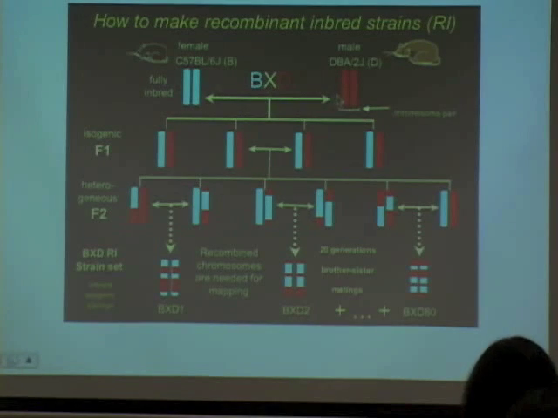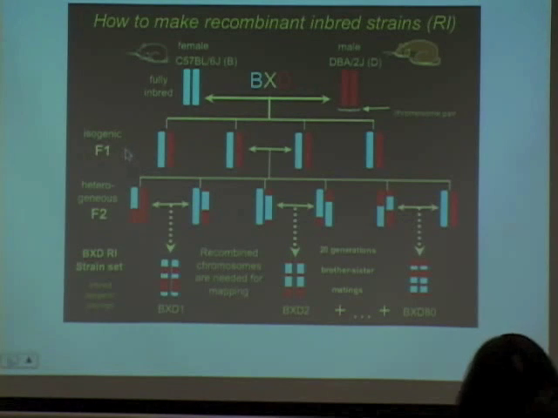So what we did is we crossed these two F0 strains, and what we're representing here with these blue or red bars is a single chromosome pair. But what you're going to see in this slide would be true for all the chromosome pairs. So, of course, in the F1 generation, these mice are isogenic.